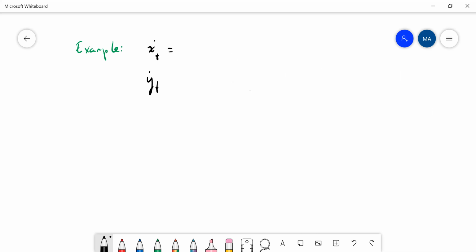So this is x dot equals 6x minus y squared plus 10, and y dot is equal to x squared minus y squared plus 3.